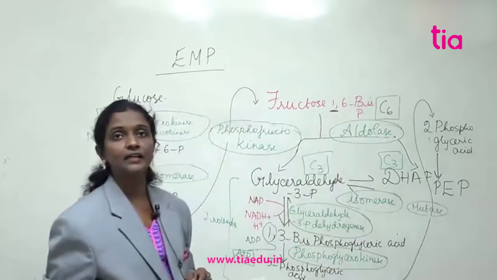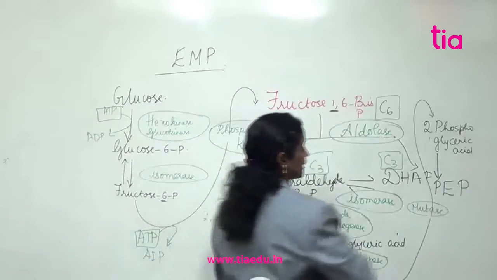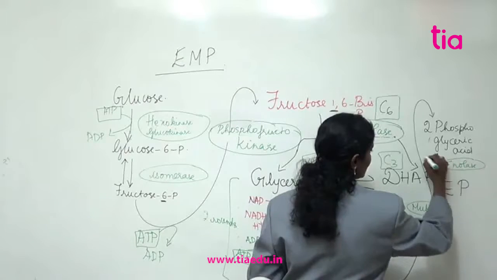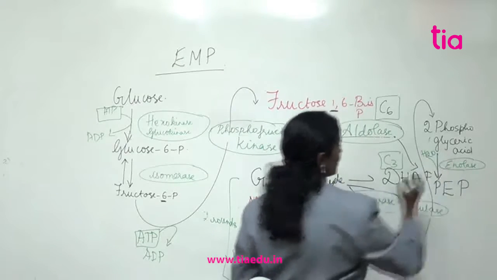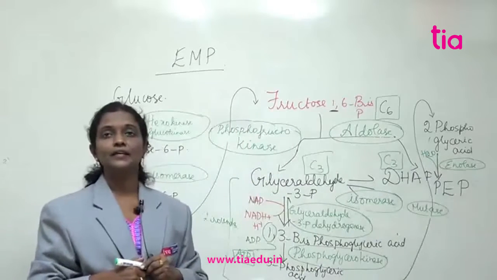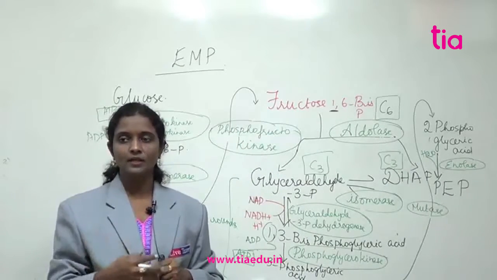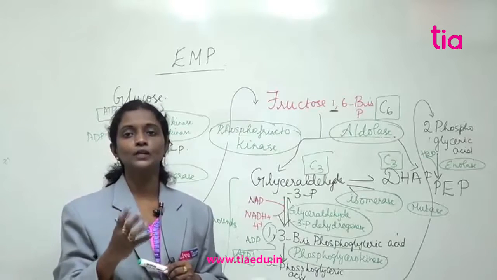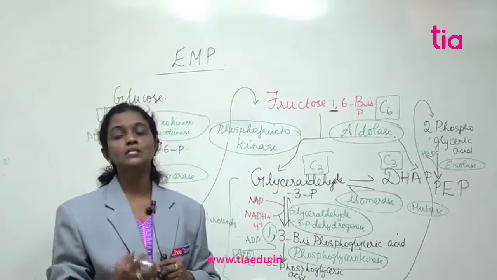It's indeed a very high energy bond, and the enzyme which is going to catalyze it is enolase. Water is involved here. So finally we get a product with a very high energy bond, phosphoenol pyruvate. The enol bond is high energy.